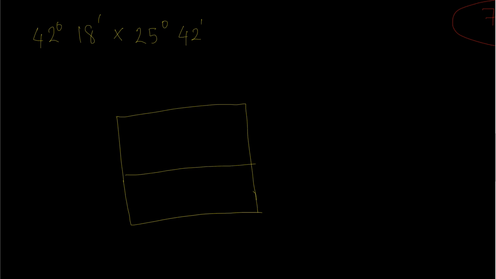So we make a 2 by 2 grid like this, and we divide it into rectangles. Each square is divided by a diagonal into 2 triangles, and we place the numbers like this for 25, 42, and keep going 42 and 18.